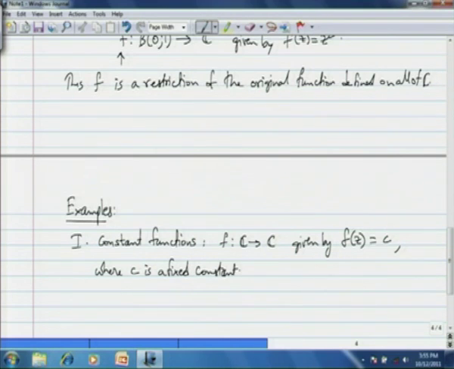Okay. So, these kind of functions are called constant functions. And the second kind of functions are polynomial functions.